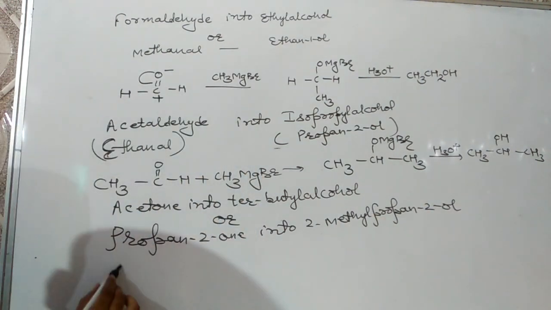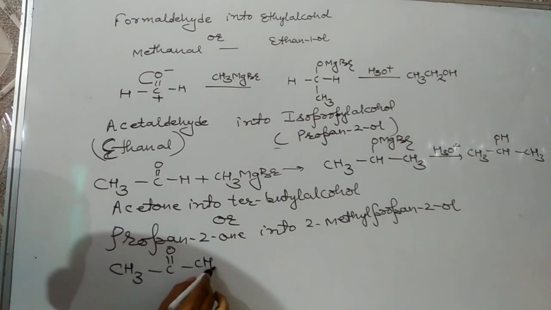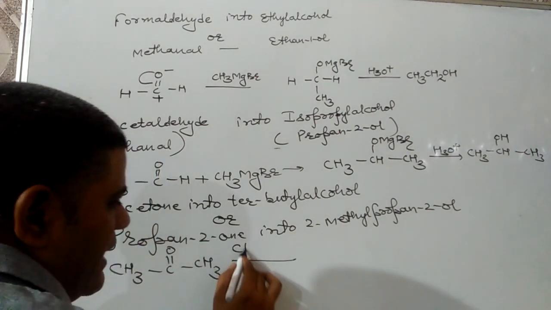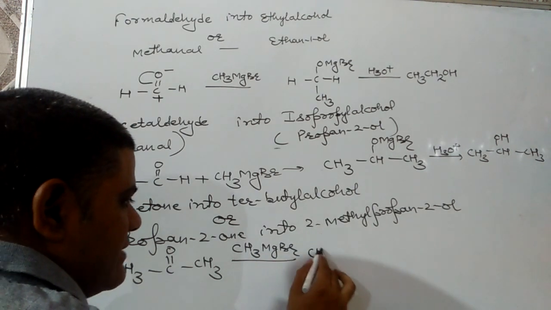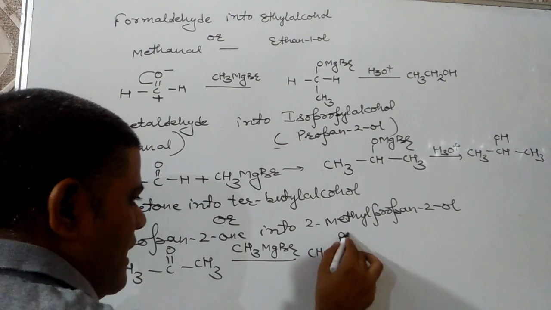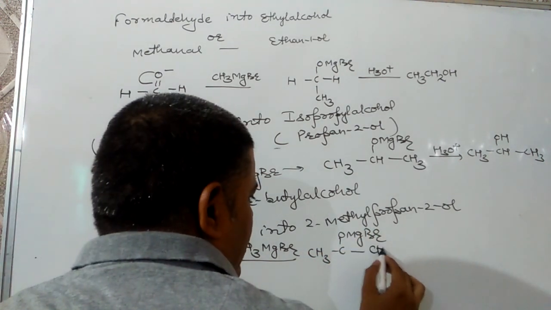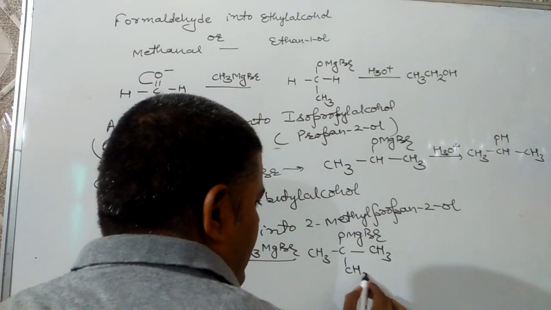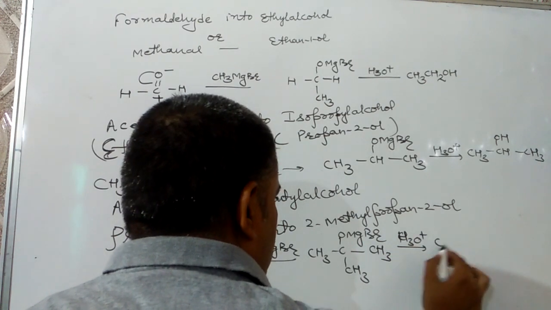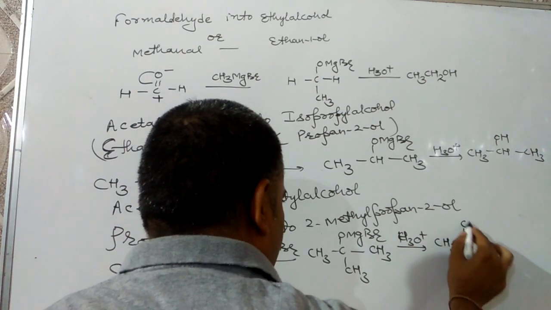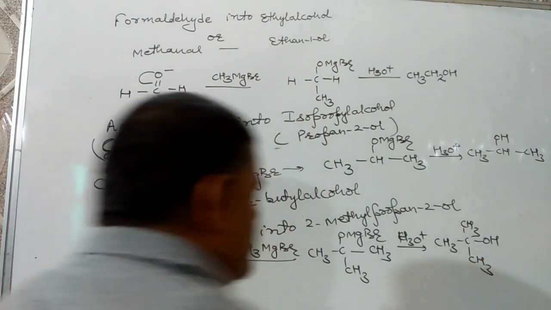Here, as we know, acetone has 3 carbons, CH3, C double bond O, CH3. We have to increase 1 carbon, then add CH3MgBr to it. Nucleophilic addition will take place, giving (CH3)3C-OMgBr. This on complete hydrolysis gives you tertiary butyl alcohol. This is a very important question, generally asked in your exams.